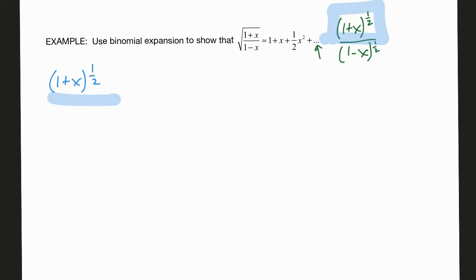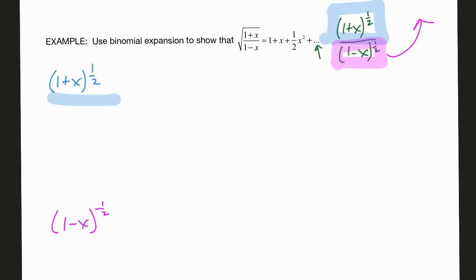And then the one on the bottom, this is going to be 1 minus x to the negative 1/2, right? Because I have to move it up in order to use the formula. It can't be in the denominator.